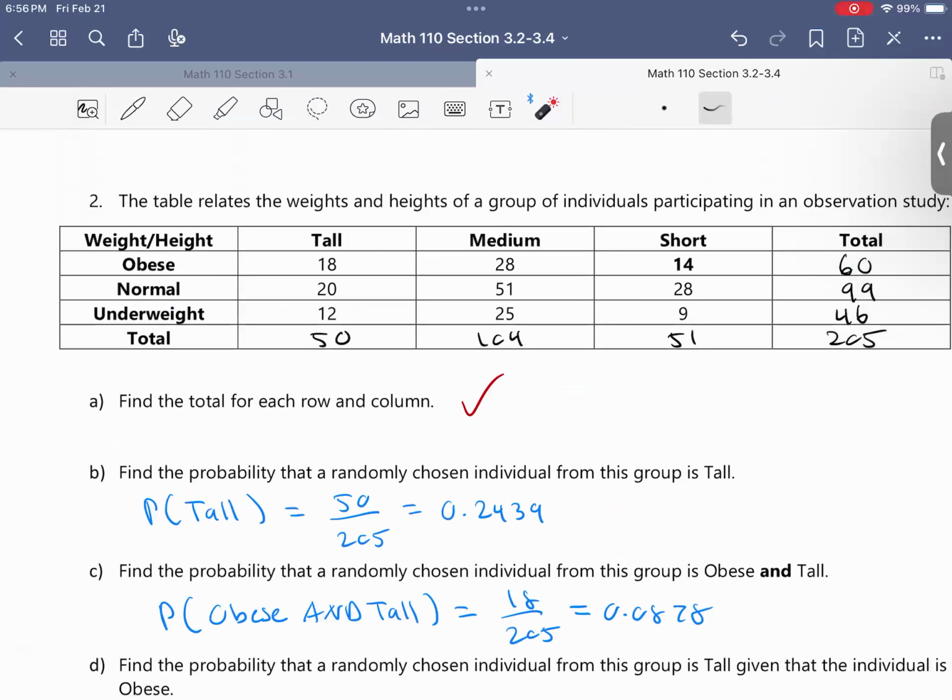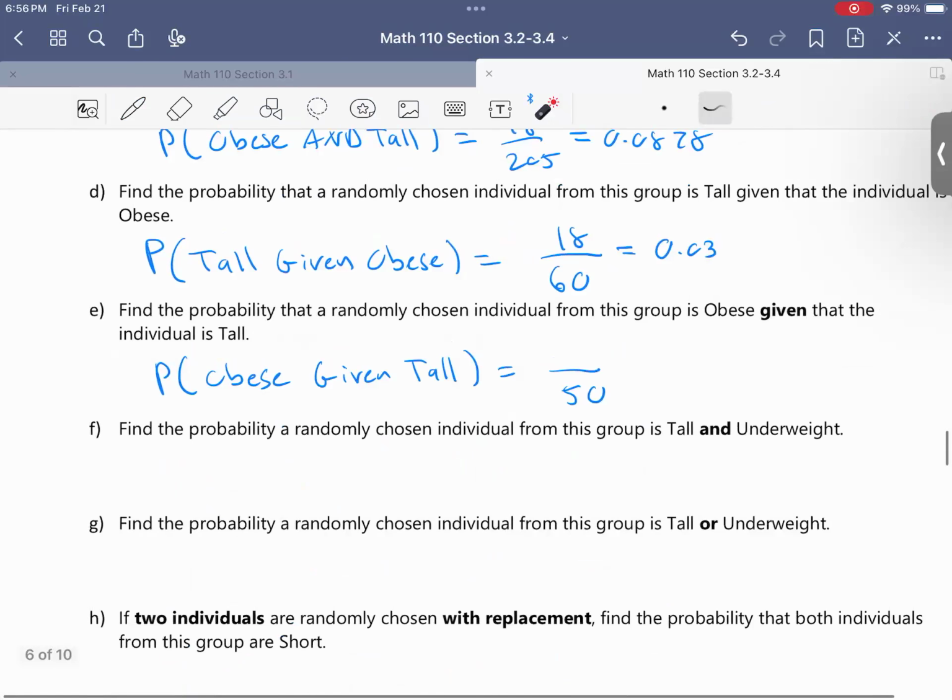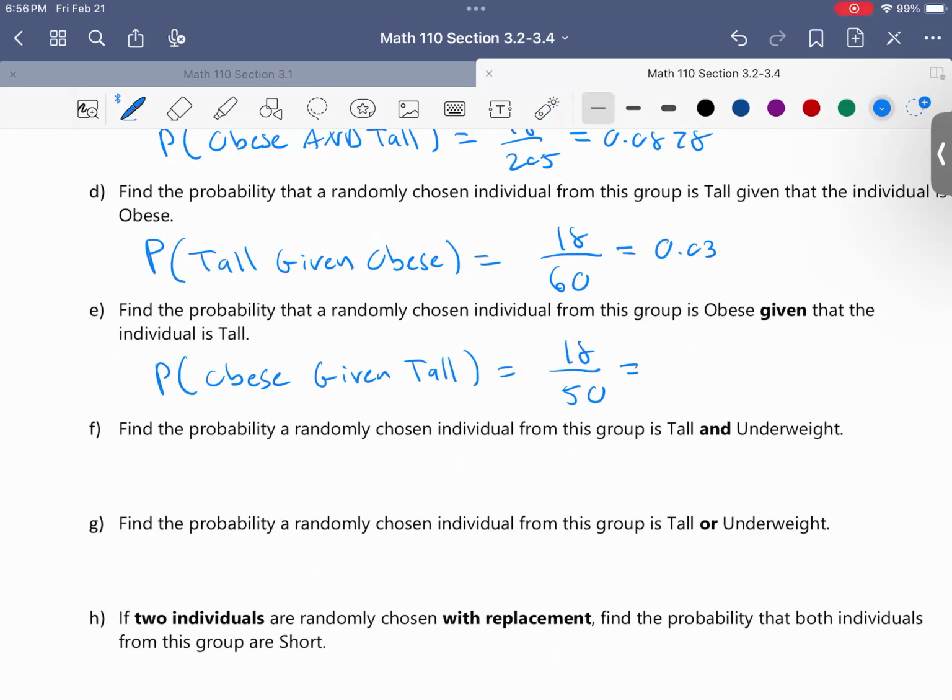And since we're talking about obese and I'm living in my tall column, it's going to be 18 again. So here we'll have 18 out of 50, which is going to be 0.34, I believe. Excuse me, 0.36. I thought that seemed a bit off. But okay, so that is E.